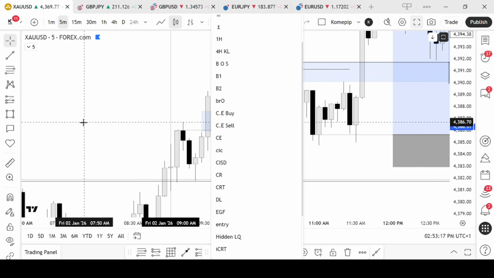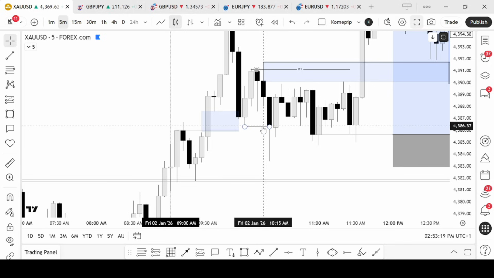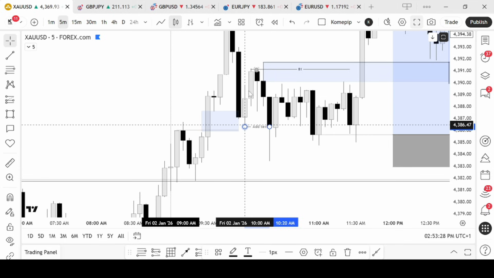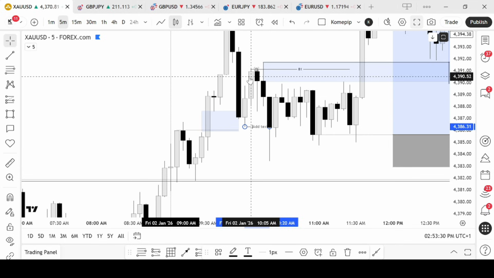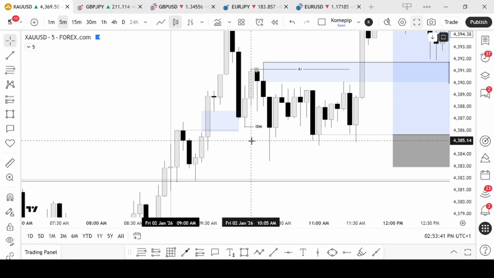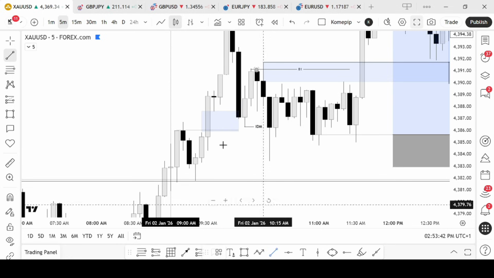Remember, I said the Komepips chariot inducement is an inducement whereby price taps into a fair value gap, trades away, and we expect that price will take out that low and respect that level or key levels below it. And that's exactly what happened here.